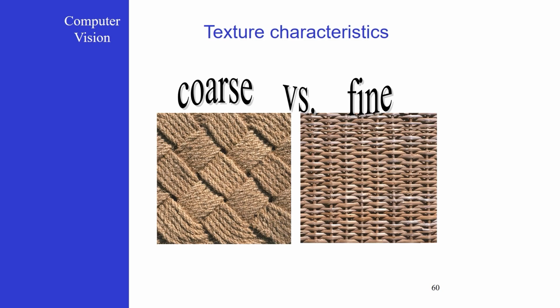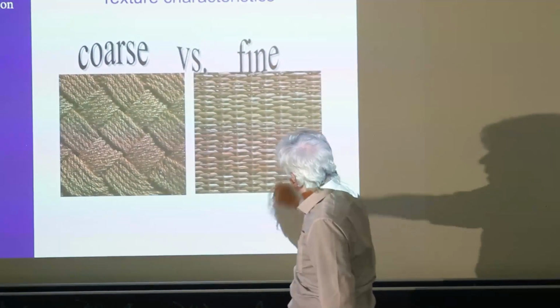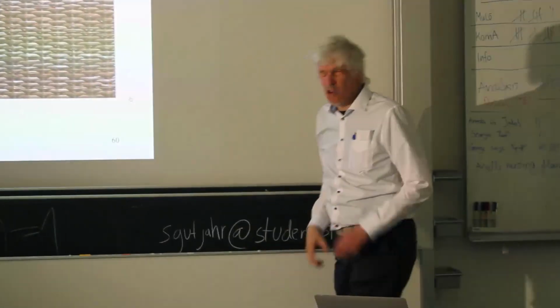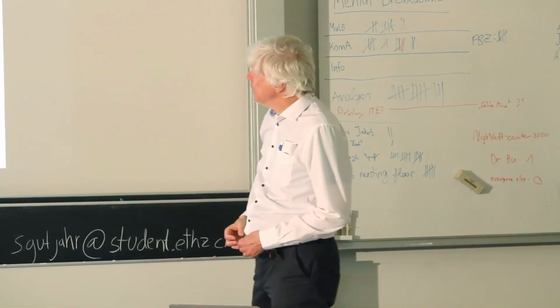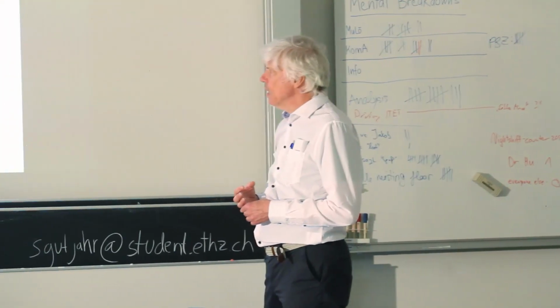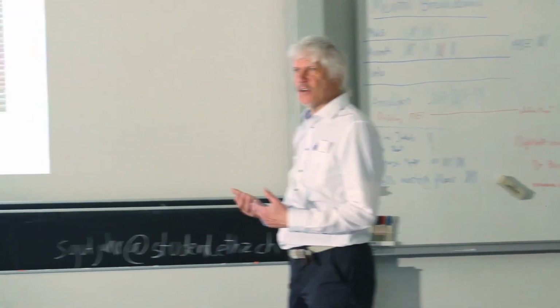You see that the basic unit here, this kind of block, is pretty big, whereas a basic unit here is just a small piece. So another kind of characteristic. Most of the texture features that we will describe have aspects of all those characteristics in them.